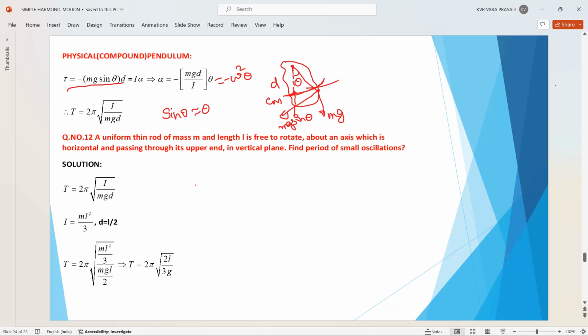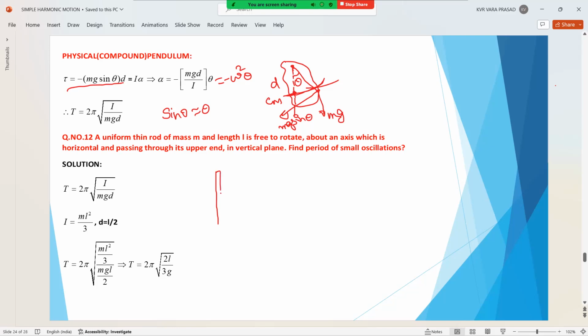Find the period of small oscillations. So it is given a uniform thin rod. I am making a diagram here. A uniform thin rod suspended at the upper end.